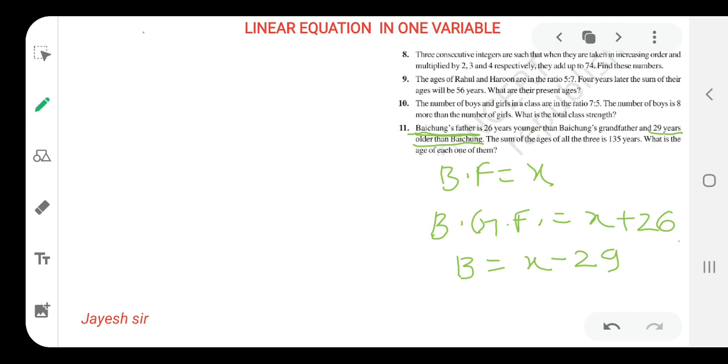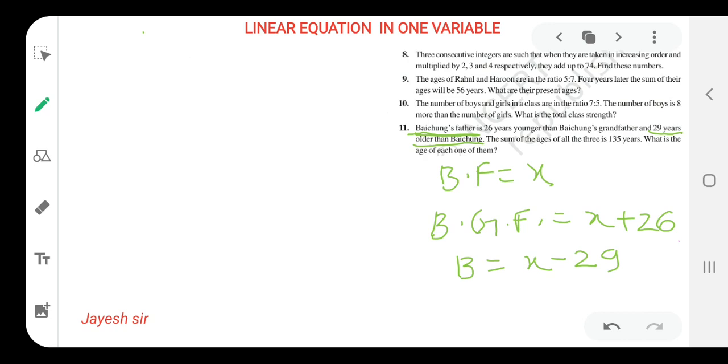Now we have almost solved 75% of the sum. The main thing that we needed to learn was this: how to solve the relation between Baichung's father, grandfather, and Baichung. Again I am repeating: Baichung's father is 26 years younger than his grandfather, that means he is smaller than his grandfather by 26 years.